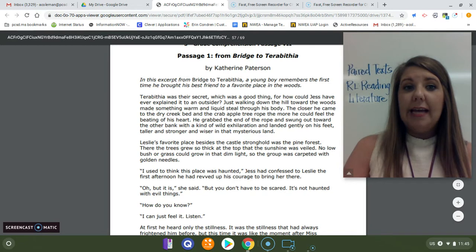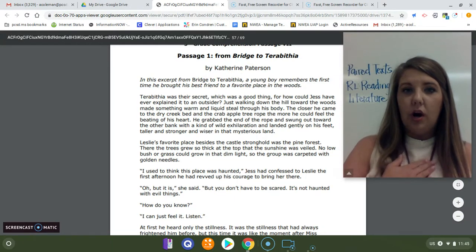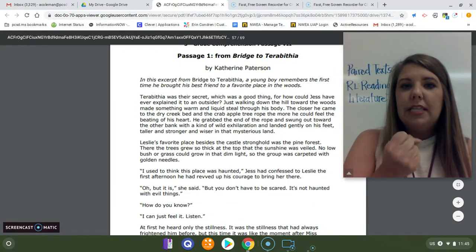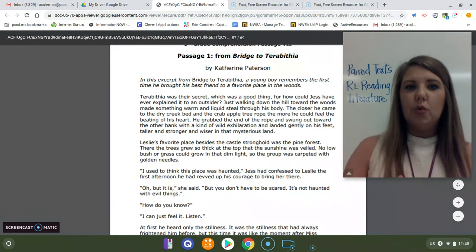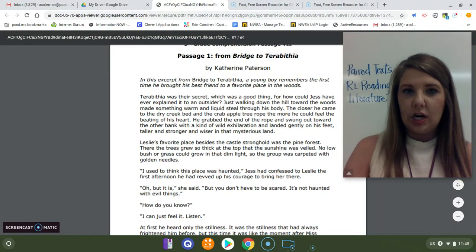The closer he came to the dry creek bed and the crabapple tree rope, the more he could feel the beating of his heart. He grabbed the end of the rope and swung out toward the other bank with a kind of wild exhilaration and landed gently on his feet, taller, stronger, and wiser in that mysterious land.